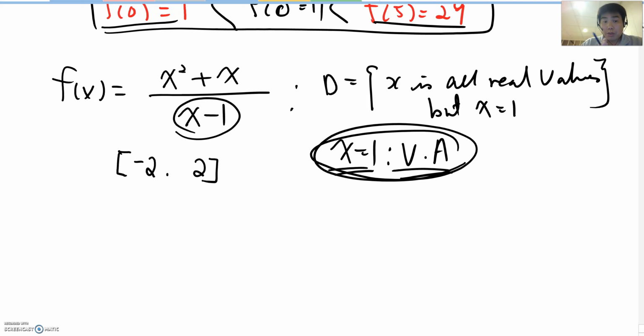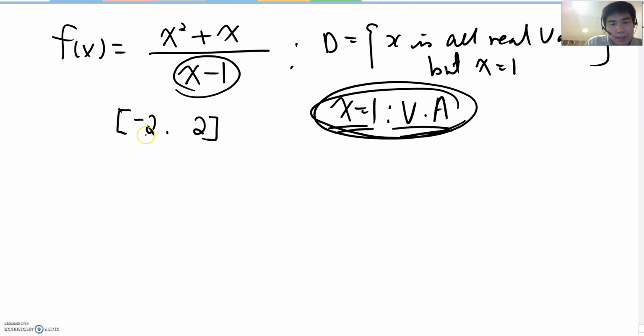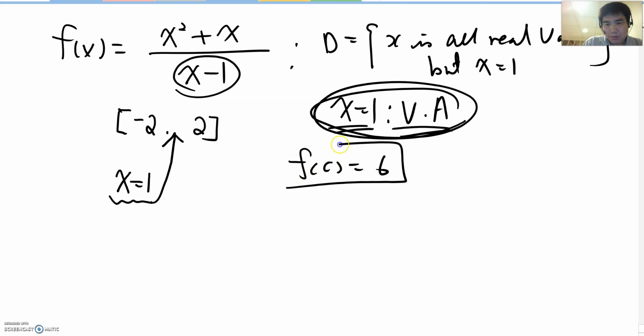When you look at this carefully, we have to check x equal to 1. Does it belong to this interval? The given question is f(c) equal to 6. However, this already fails the first statement. You know what I'm talking about? Yes, because x equal to 1 is between -2 and 2 here.